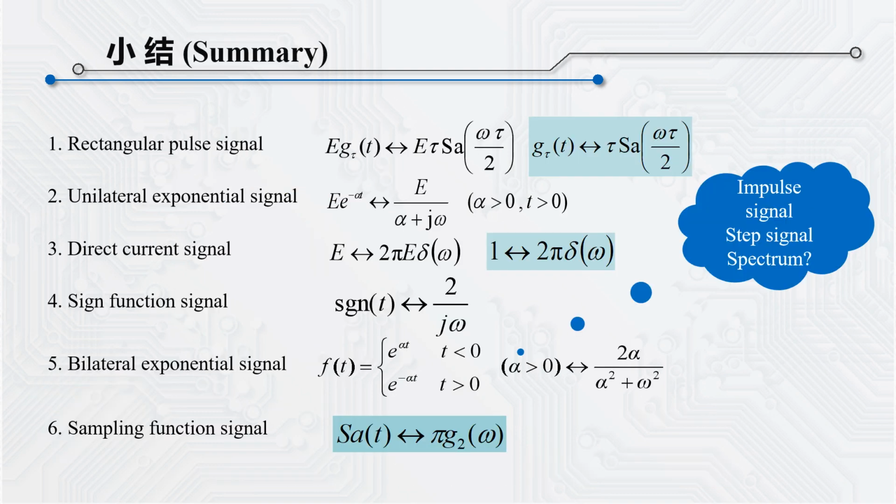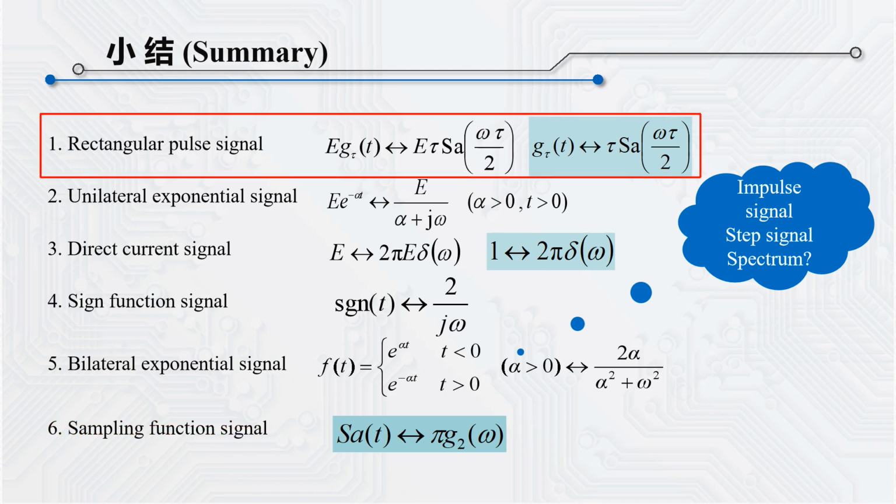Let's make a summary for the contents of the frequency spectrum of typical aperiodic signals. First, we discussed spectra of the rectangular pulse signal, unilateral exponential signal, DC signal, sine function, bilateral exponential signal, and a sampling function.